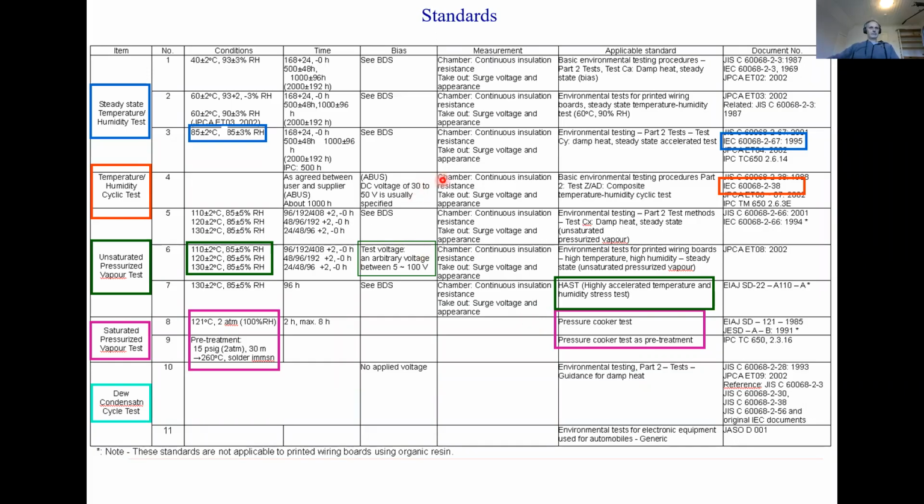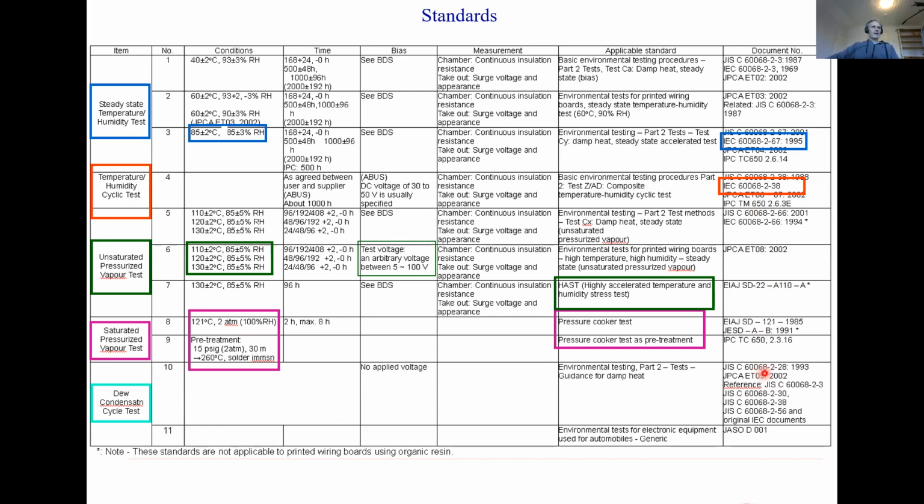So no impurities here. All these standards are only concentrating on temperature and humidity, just with different parameters. So here you have the different names. So there's Japanese standards, IEC standards. Are there any MIL standards? No, not in this, but basically there could be also some MIL standards also here.